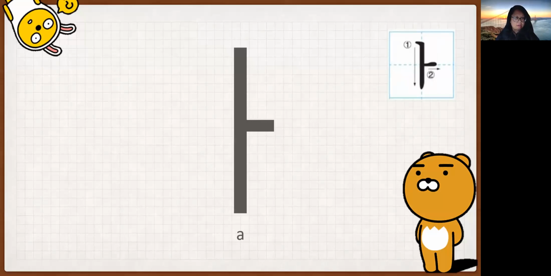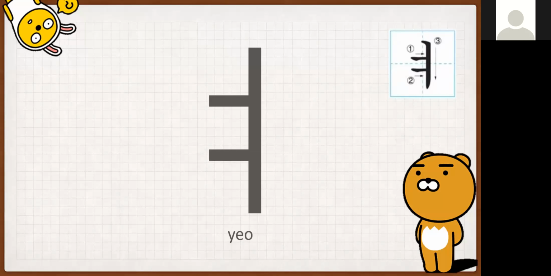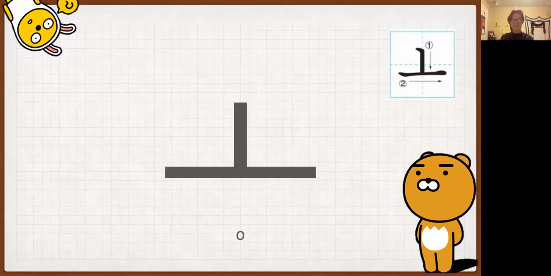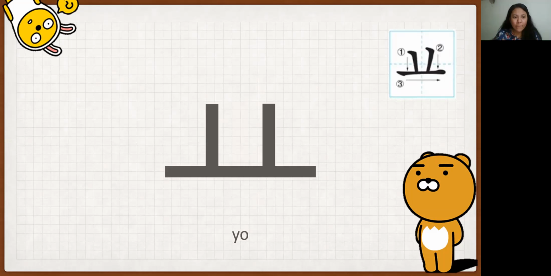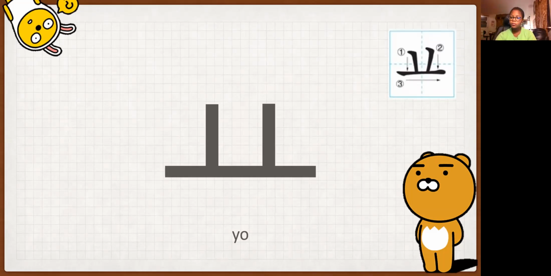Okay, so there's a, ya, o, yo. All right, the next one is another o, and then another yo. So o, yo.